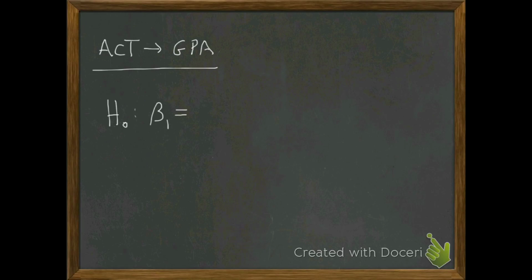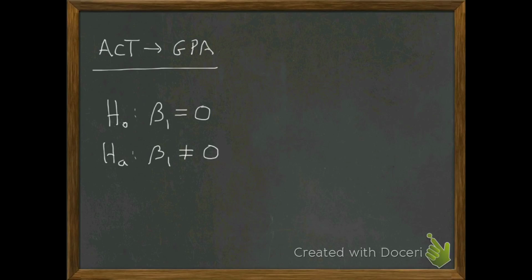So let's go back to using ACT as a predictor of GPA. We've collected 5 observations, and we want to generalize now. So we're going to test beta 1 equal to 0 versus beta 1 not equal to 0.